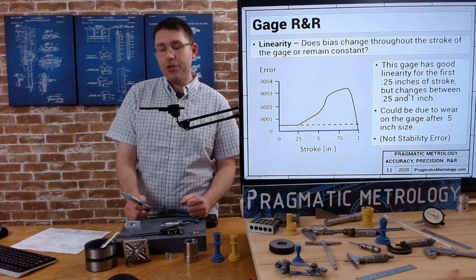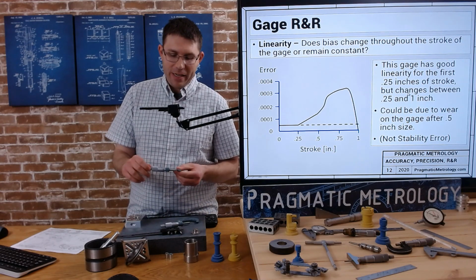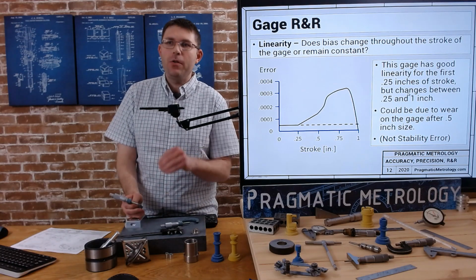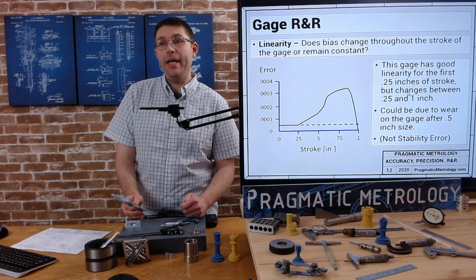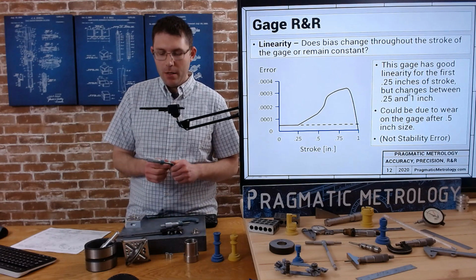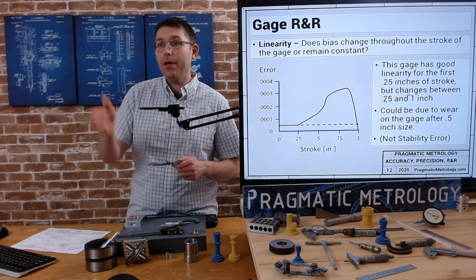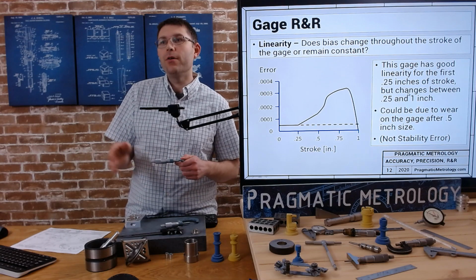And the danger is a lot of people will not check, right? They'll check it at 0, and in this example, there's an acceptable amount of error. It's less than a 10,000th. But if I didn't check halfway through, I'm getting 2 10,000ths of error. 3/4 of the way through, I'm getting over 3.